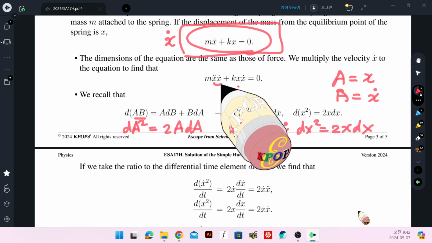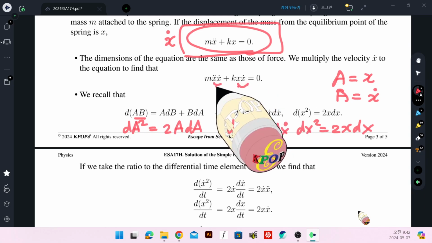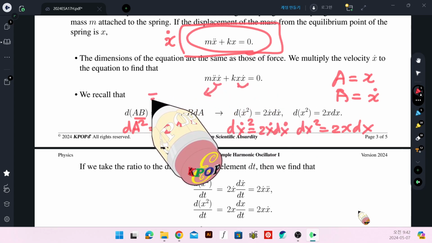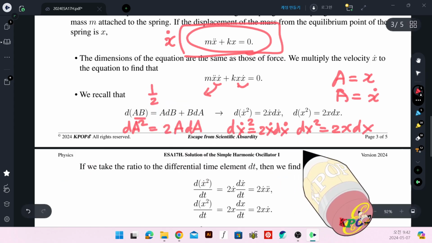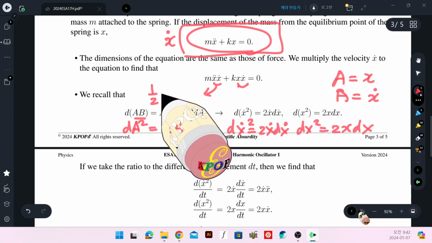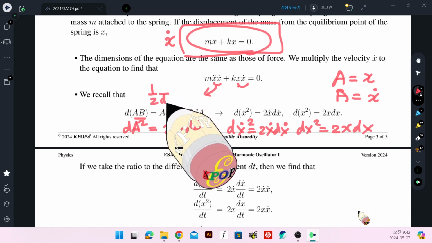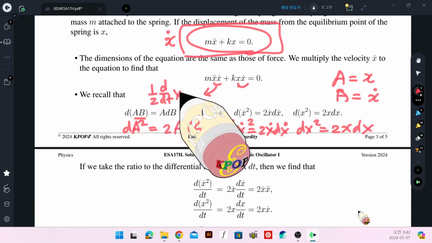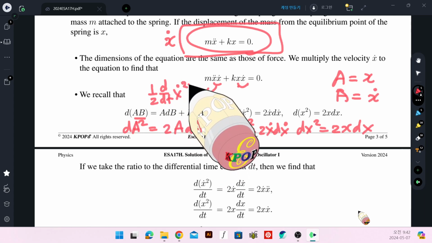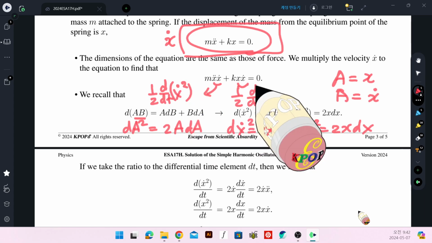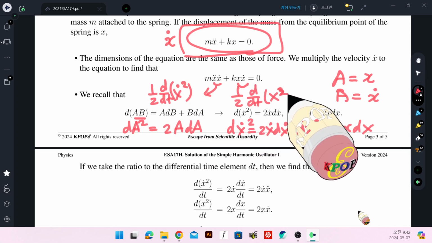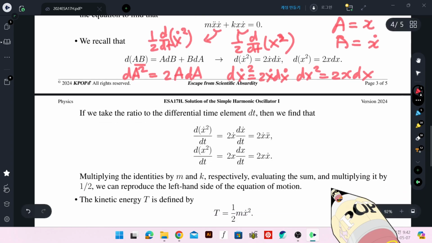Therefore, we can consider this one to be 1/2 time derivative of x dot squared, and this one 1/2 time derivative of x squared. Okay?